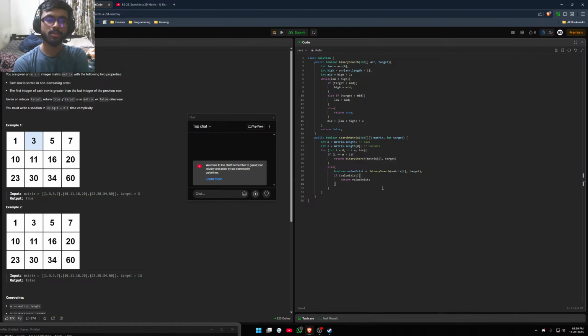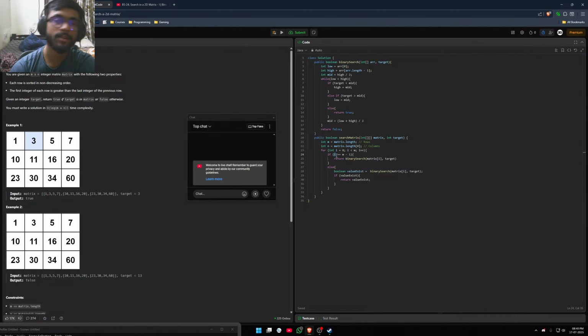So what's happening? Let's do a dry run in our head. We are taking only rows here, columns are not needed, because everything is sorted over here. In this for loop we're iterating through each row, and i is not the row, i is the index of each row in the matrix.